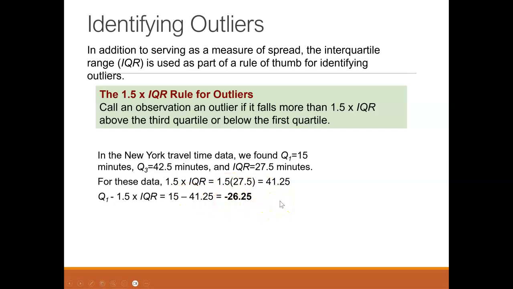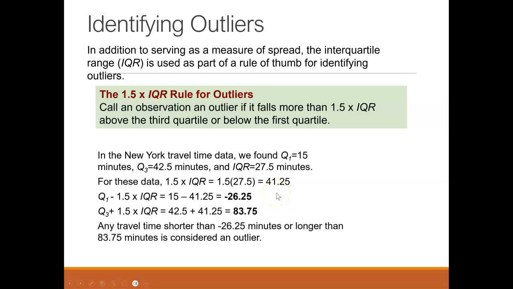Well, clearly there's no outlier on the low end of commute times because time can't be negative, right? Okay, great. If I do Q3 plus 1.5 times IQR, I get 83.75. So anything bigger than that we would consider an outlier, like an upper outlier.